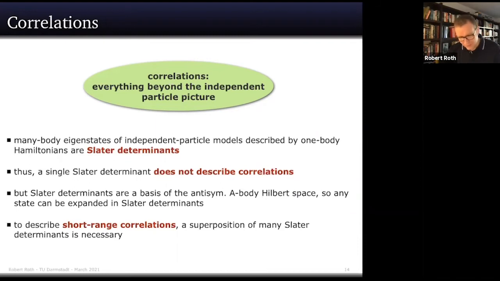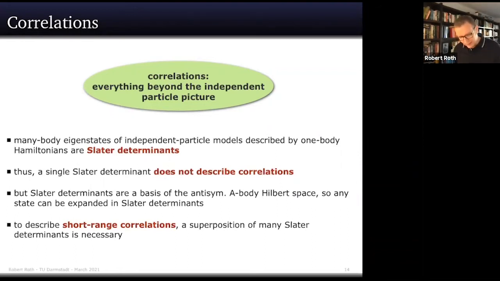So that means that Slater determinants are the prototype of states that individually do not describe correlations. In a single Slater determinant, if you accept this definition, you don't have any correlations because you've just put in particles independently without interaction, and the eigenstates of this independent particle problem are Slater determinants.